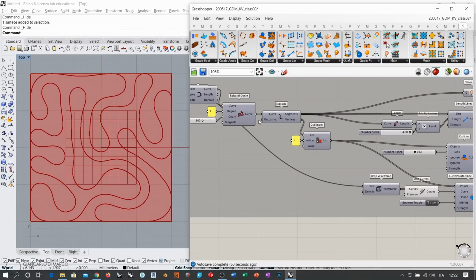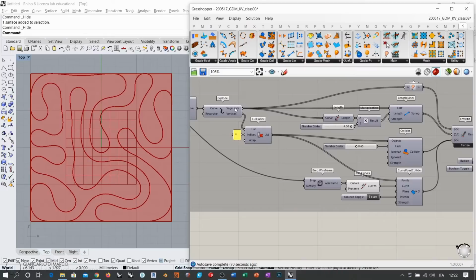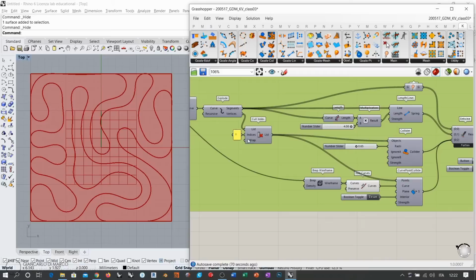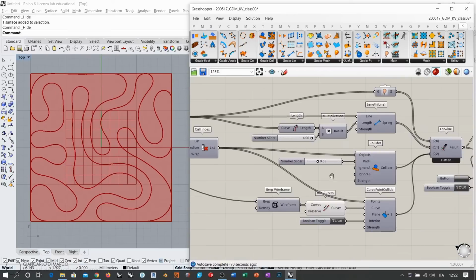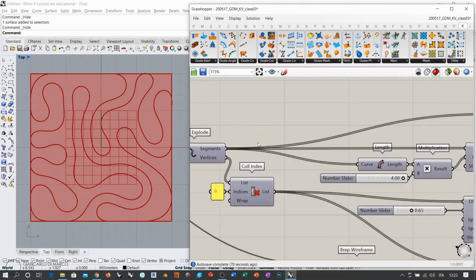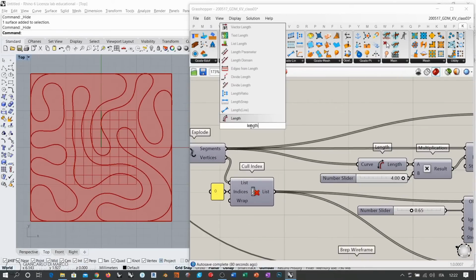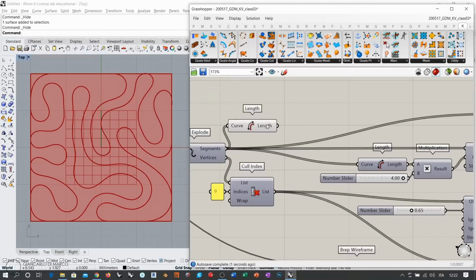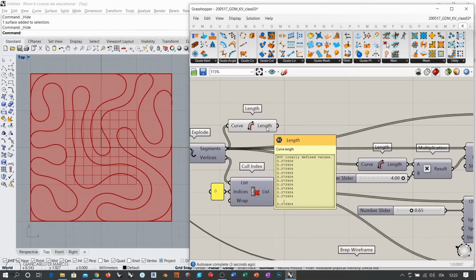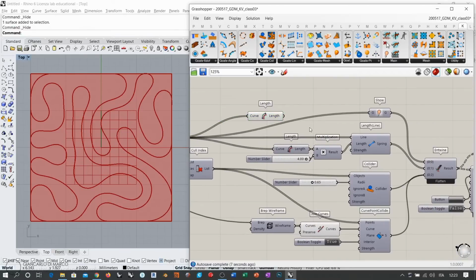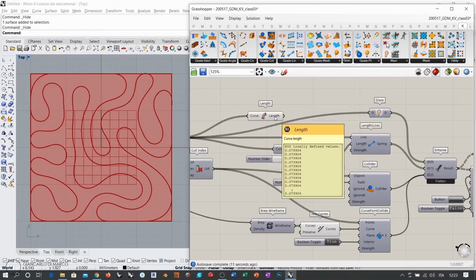Okay, and so if you take a look, for example, at the length of these segments, let me get rid of this group. So if we stop the simulation for now and then go and analyze the length of these segments, you will see that the length is very, very small. So it's 0.07. Okay, and even if we multiply this during the simulation by 4, you will have basically 0.28.